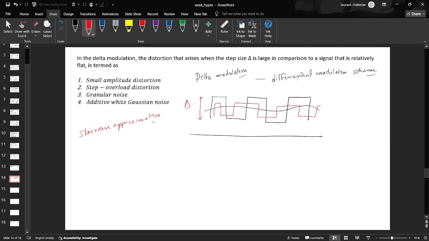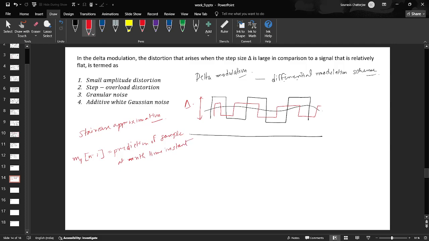To understand how it works, you need to have an idea of three terms. First is mq[n-1]. This is your quantizer prediction of the sample at the nth time instant.